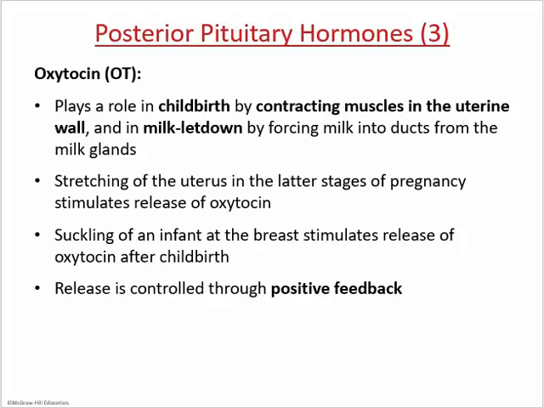It's released whenever skin is stimulated, so you get a certain amount from a massage. It's especially released if the skin of your buttocks, your breasts, or your genitals is stimulated.